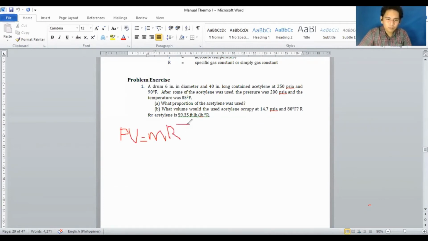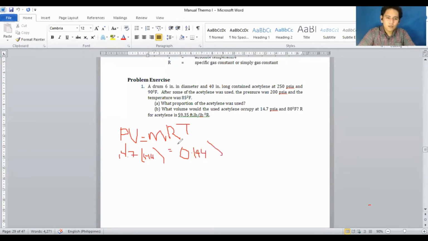Again, your pressure is 14.7 psi, converted into feet squared, equals your mass, which is the mass to be used, 1.44.